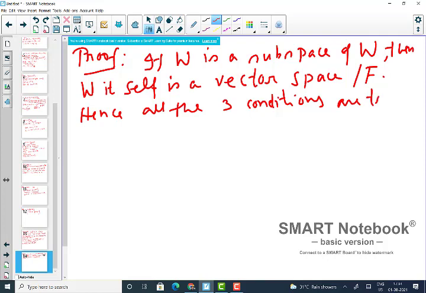I mean, it is obvious, right? Because W is a vector space.